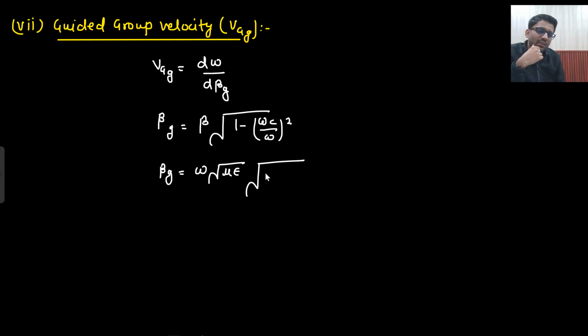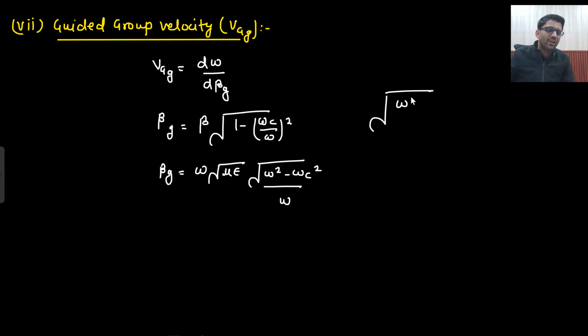Now I can solve this one. Can I write this as omega square minus omega c square divided by omega square? And when the under root is gone, I will be left with omega only. I hope you understand what I did here: omega square minus omega c square divided by omega square, so under root omega square minus omega c square, and under root omega square is omega only.